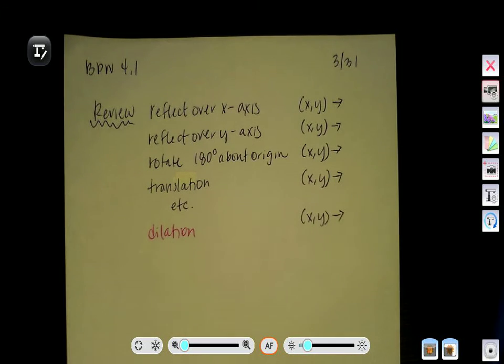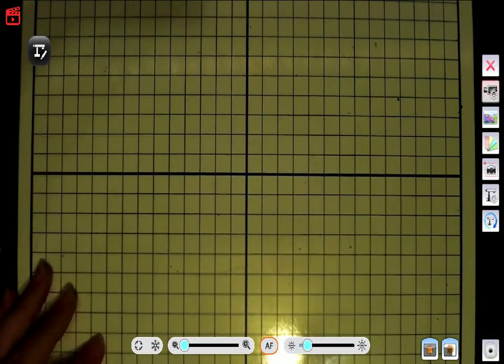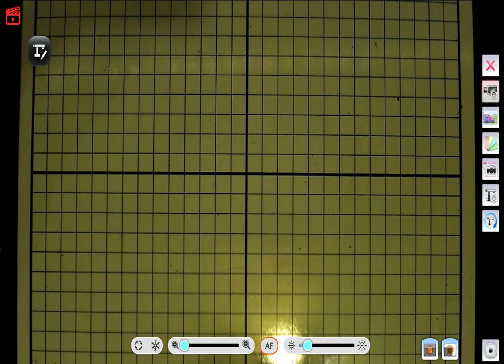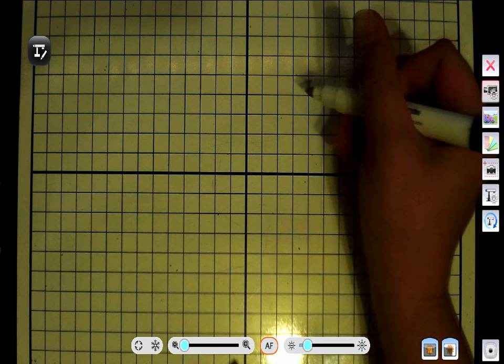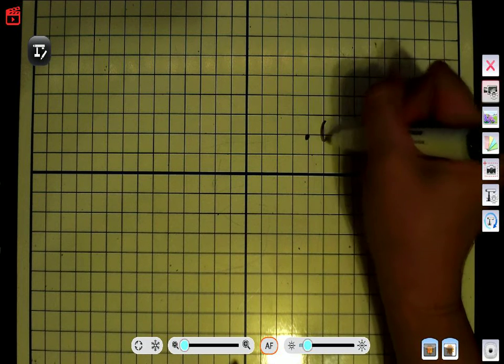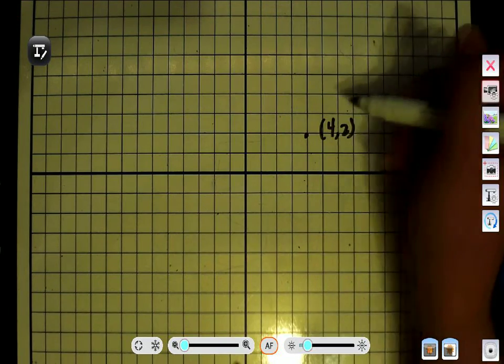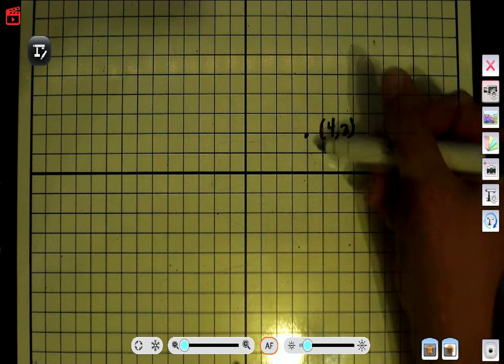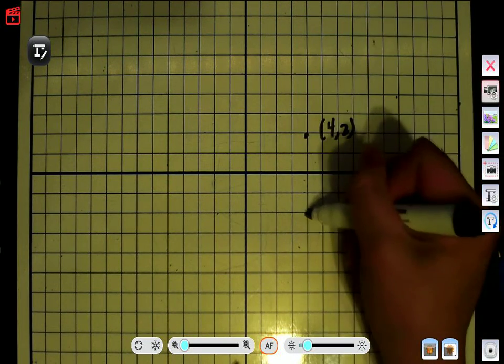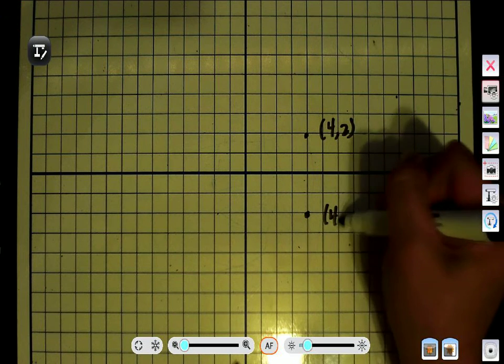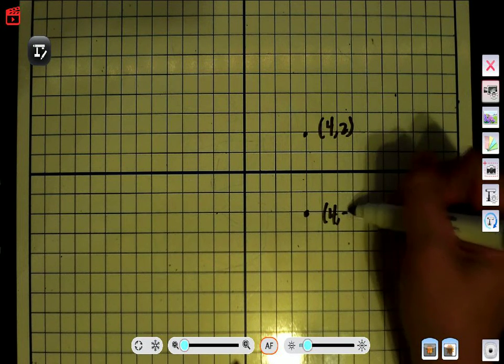Now, I have my handy dandy little graph paper right here. So imagine if I have an original point of 4 comma 2. If I were to reflect this over the x-axis, it's going to flip over to the downside. So this is going to become still 4, but the 2 is going to become a negative 2.